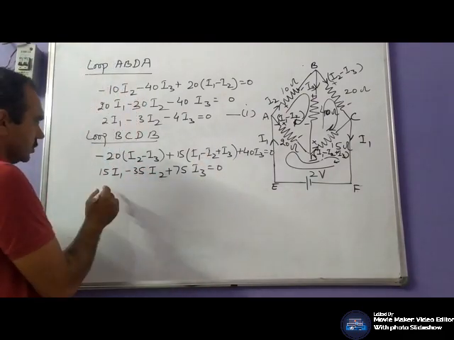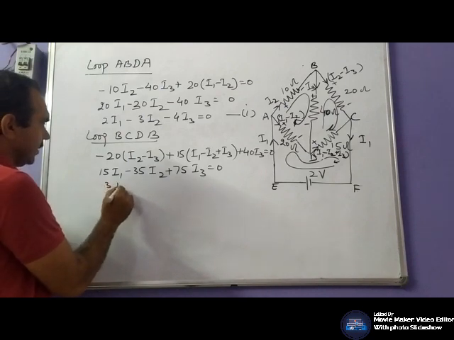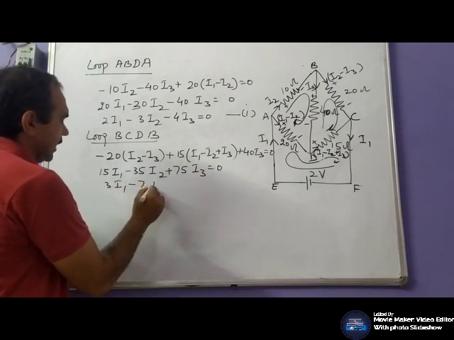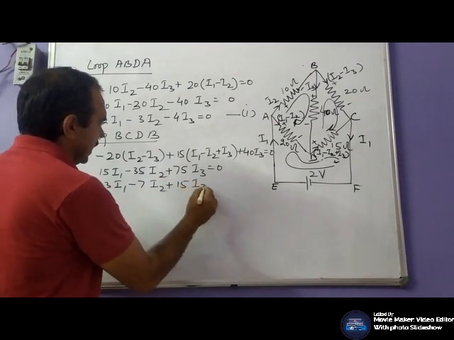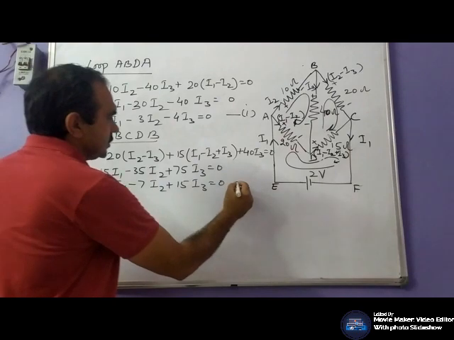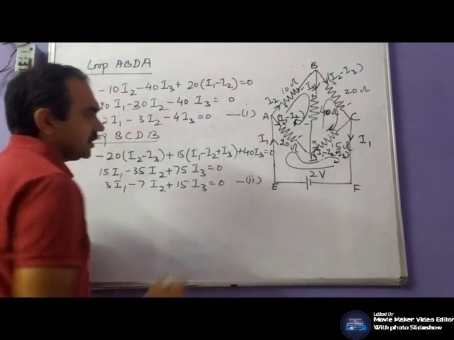Or 3 I1 minus 7 I2 plus 15 I3 is 0. Equation number 2.